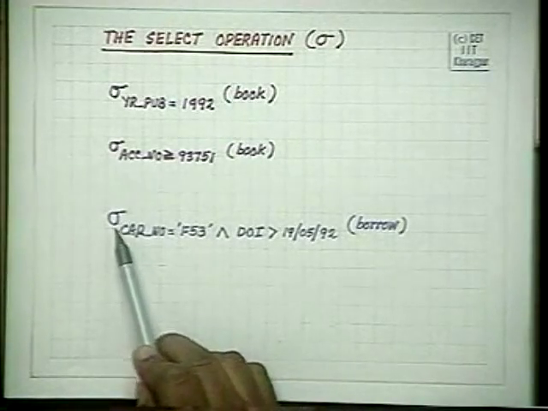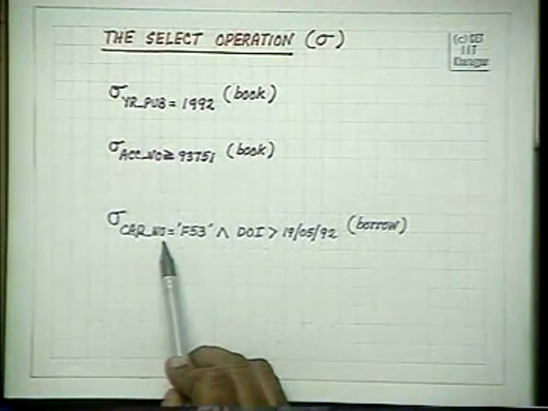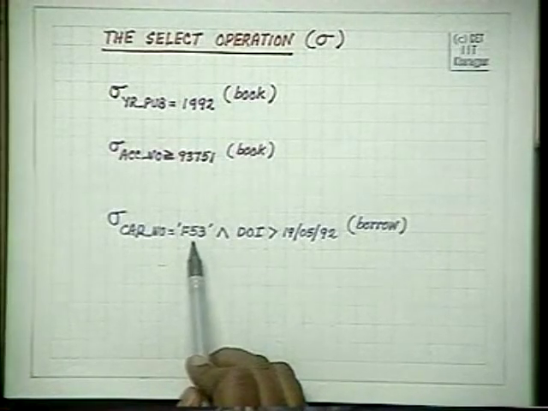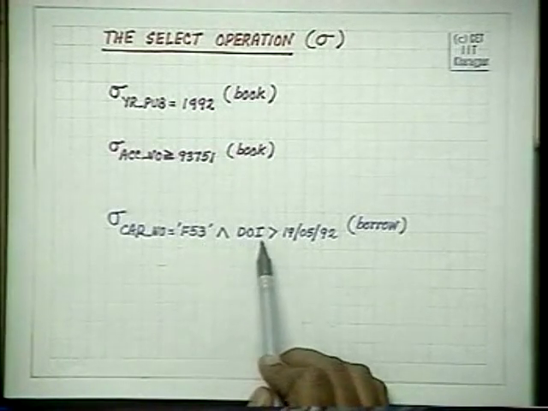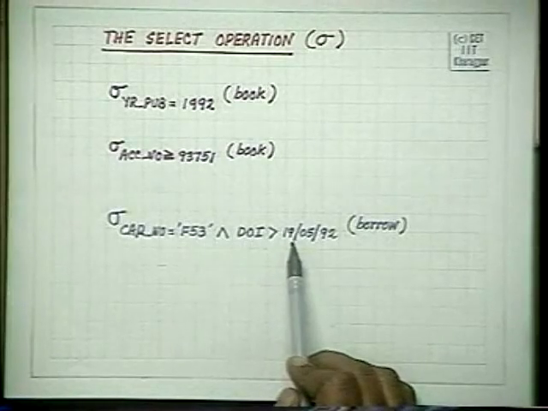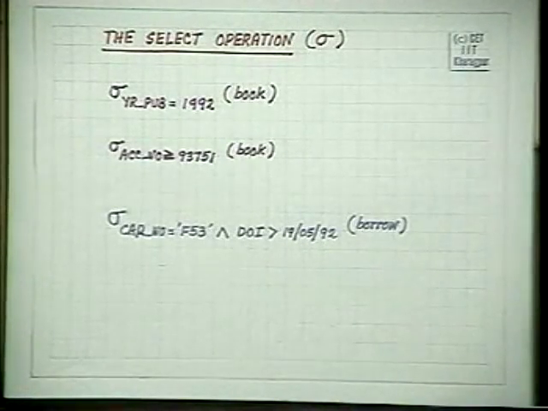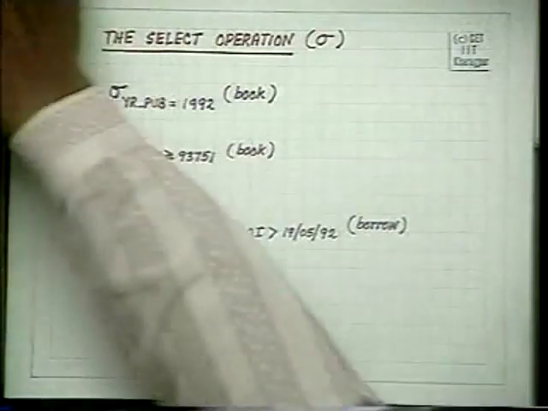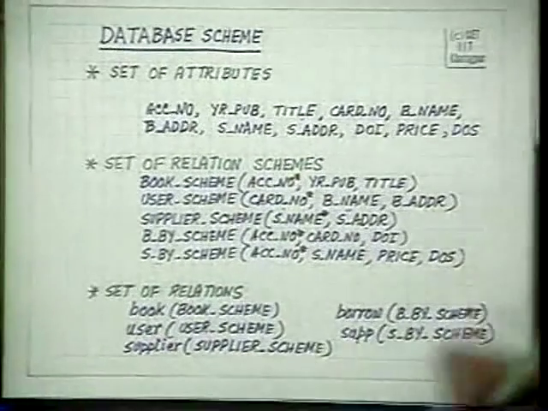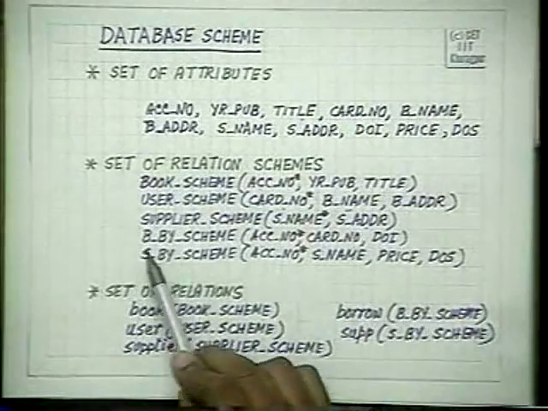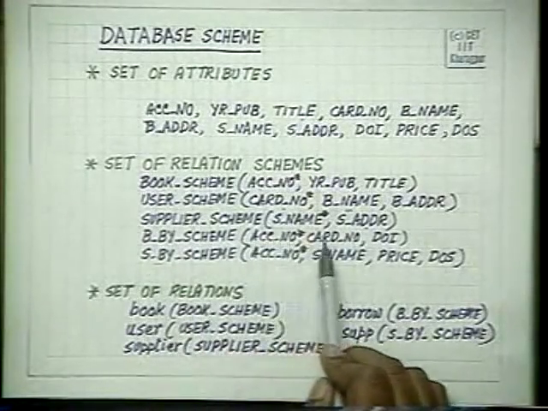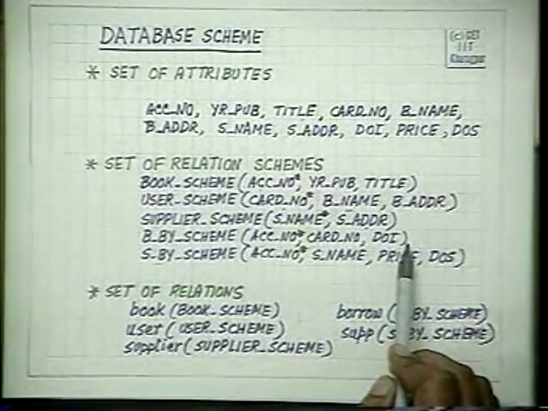This is another example. Select card number equal to F53 and date of issue is greater than 19/5/92 on the borrow relation. If we go back to the borrow relation, we will see that the borrow relation is of the borrowed by scheme having accession number, card number and date of issue.